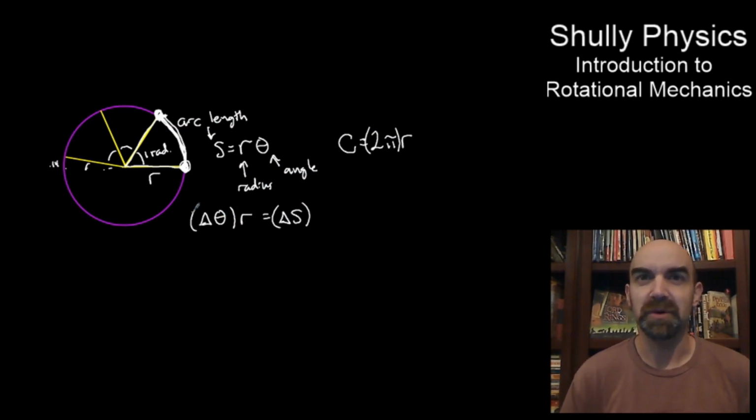This looks a little more complicated than it needs to be, so if we just return it to S equals R theta, kind of like when we would do something like V equals X divided by T. There's really a delta X divided by a delta T. It's just a way to shorten it, a little easier to look at, and that's what I'm going to do here for this conversation we're having.